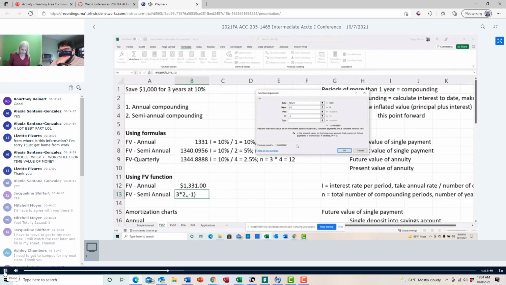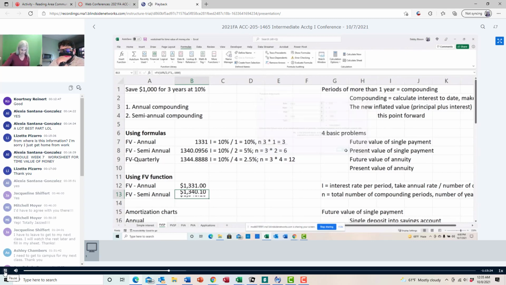If I forget the negative sign, my answer comes out as a negative number, because then I'm modeling that I'm borrowing 1,000 today and would have to pay back 1,340 in the future. So notice when I click OK, I get the same answer, 1340.0956, which rounds to 1340.10. Did that work okay for everybody?